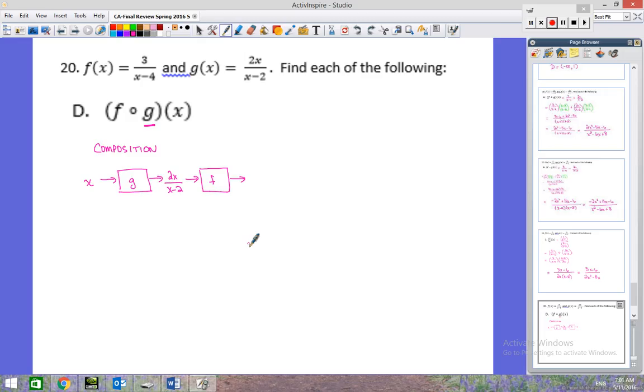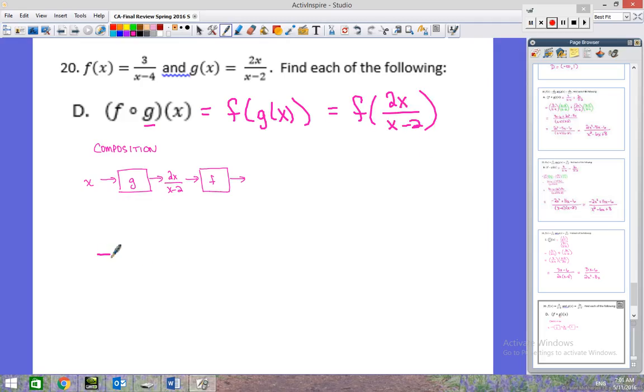You'll often see them write this as f of g of x. And this g of x, we can replace with 2x over x minus 2.